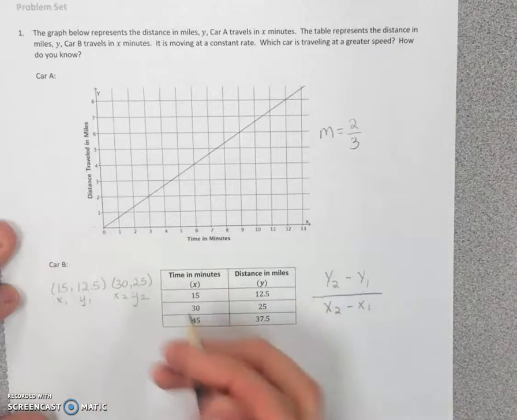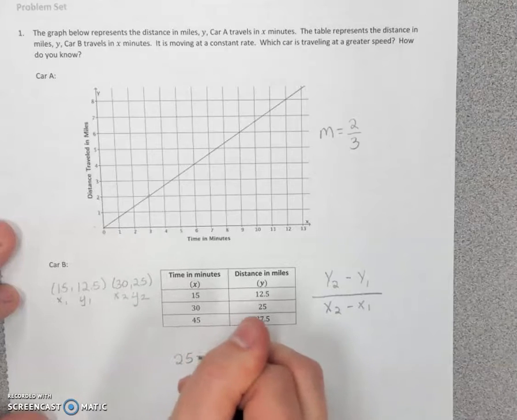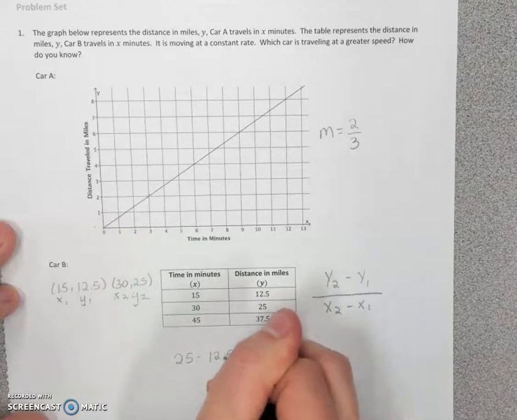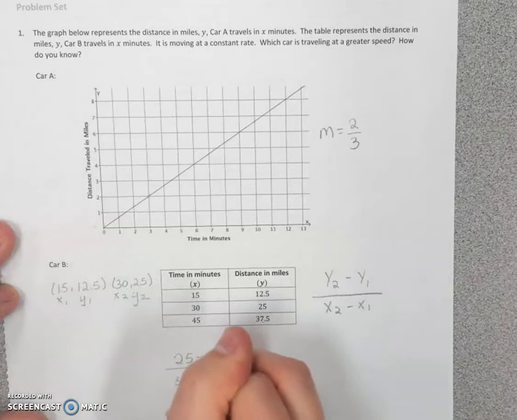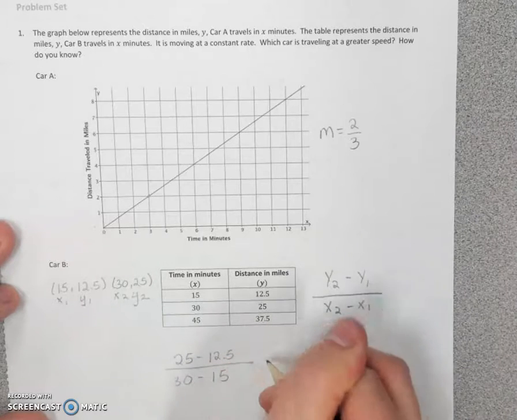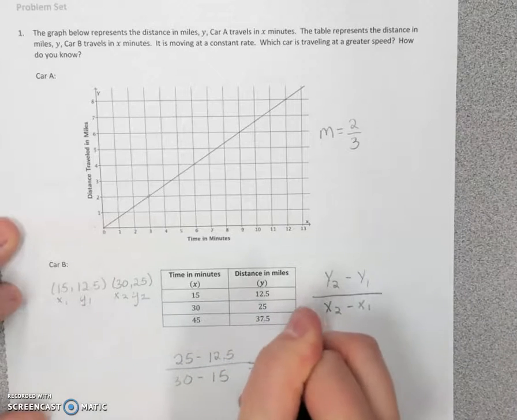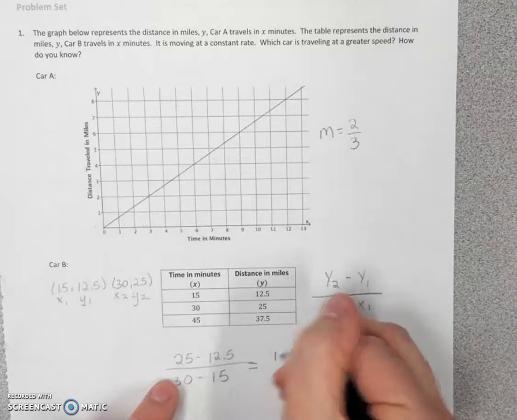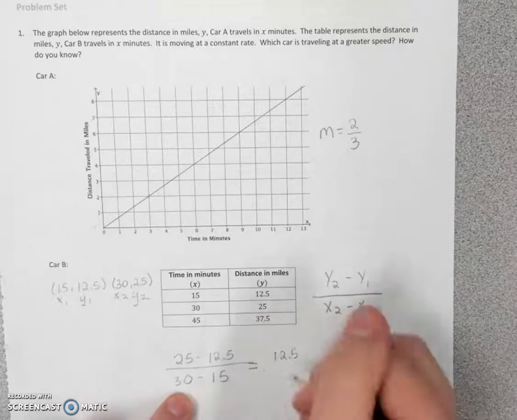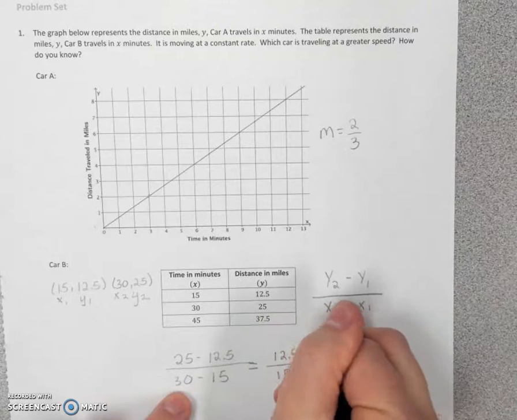So y2 is 25 minus 12.5 for y1, over 30 minus 15. And 25 minus 12.5 is 12.5. 30 minus 15 is 15.